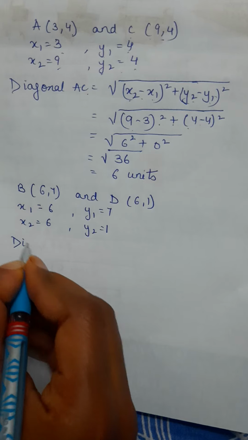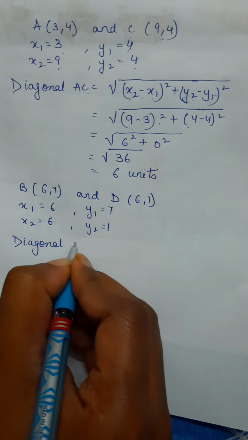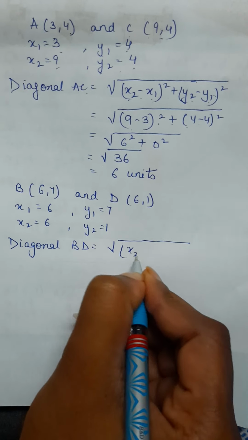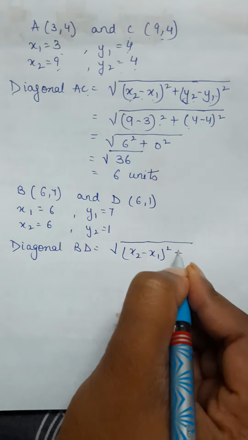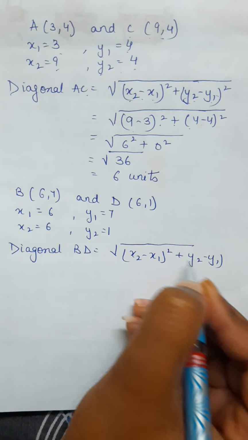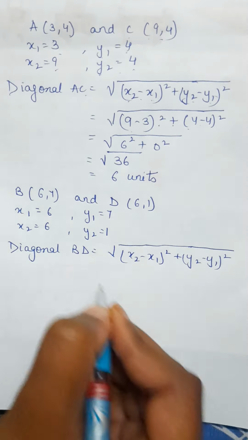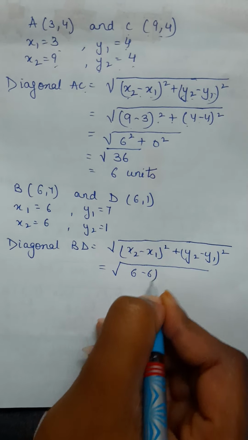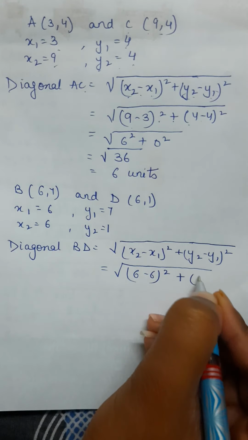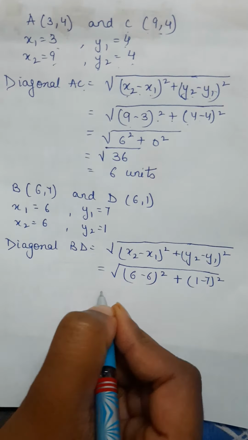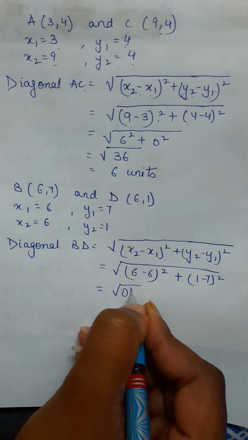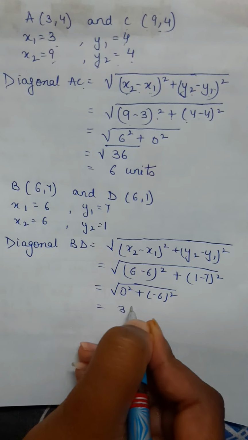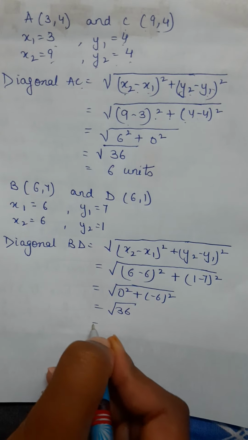To find out the distance of diagonal BD, first put the formula, that is x2 minus x1 whole square plus y2 minus y1 whole square. Put the values, this is 6 minus 6 whole square plus 1 minus 7 whole square, which is equal to 0 square plus (minus 6) square, which is equal to root 36.